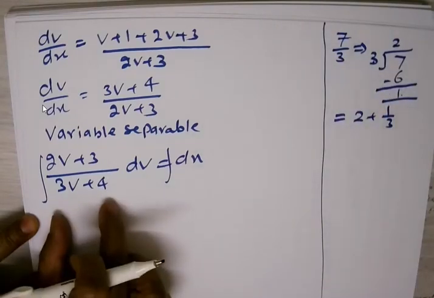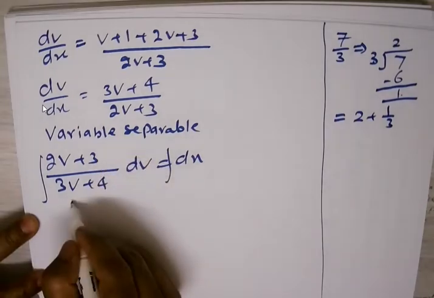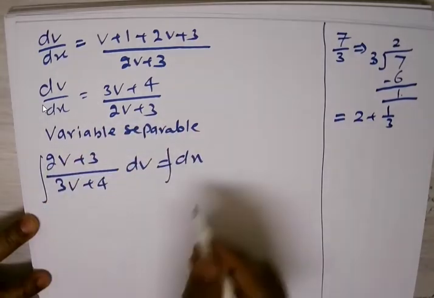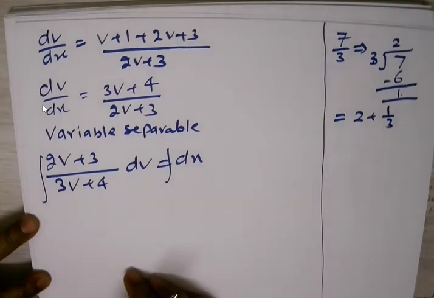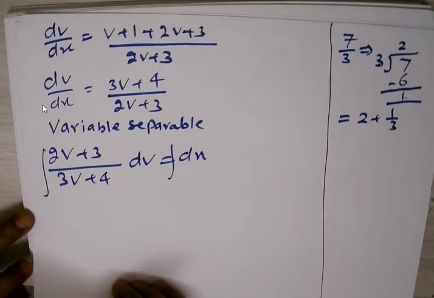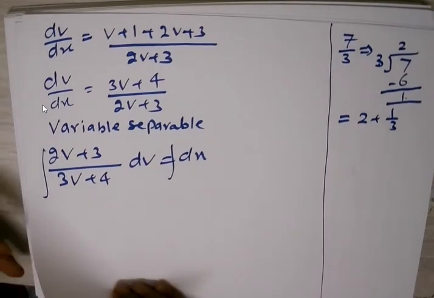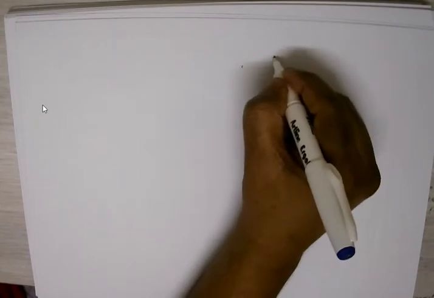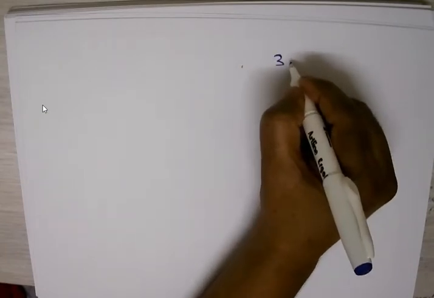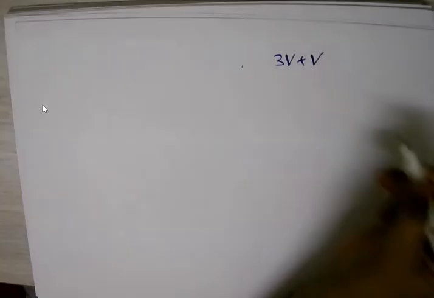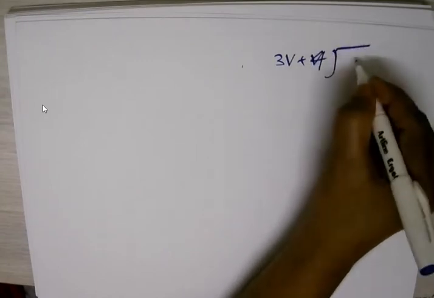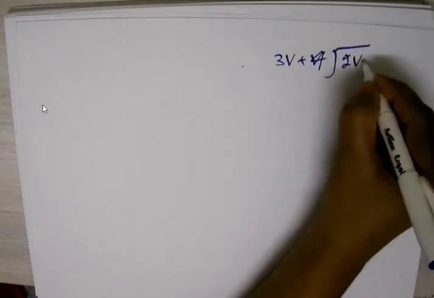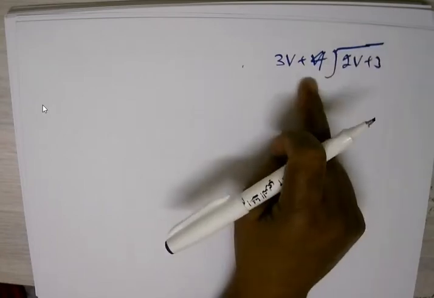The same thing is here. Divide this term by this one and write it in fractional form. Then we can simplify, or we can try to solve it. So I am going to write the division in a separate page. Then we can understand here. So what is that? Division of 2v plus 3 by 3v plus 4.